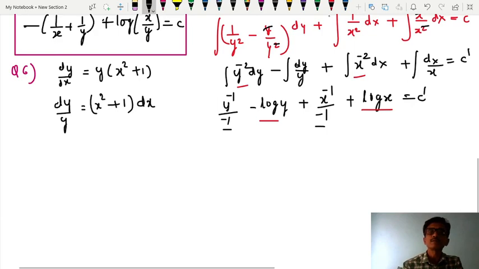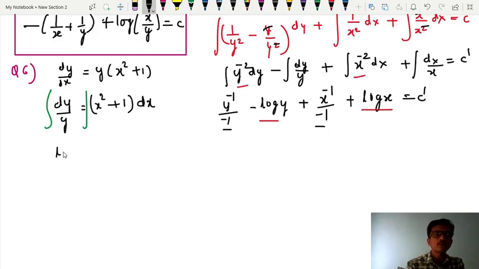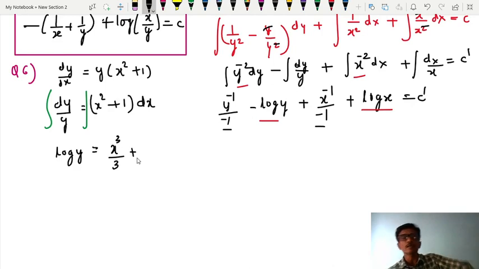Now integrate this on both sides. If you integrate this, you get log of y, and here the integration of x square is x cubed by 3, plus integration of 1 dx, that is x, plus c.